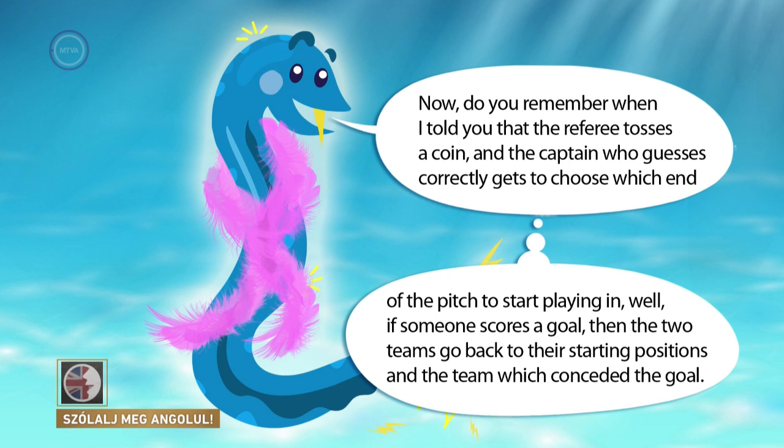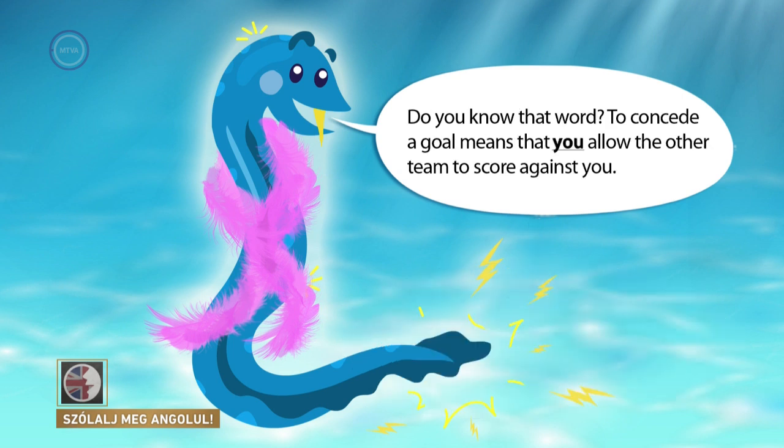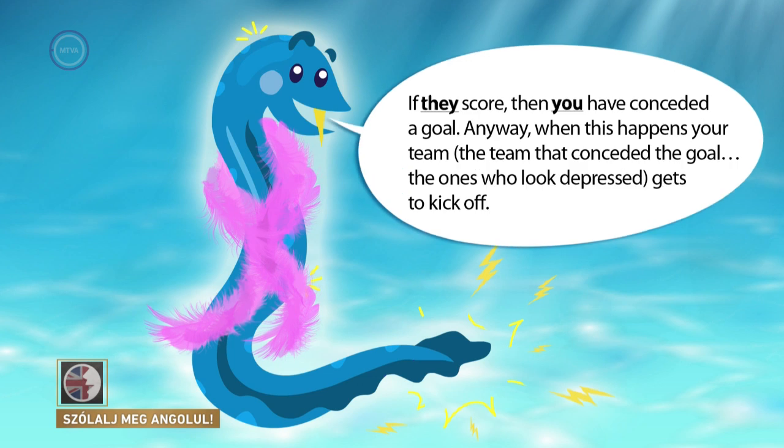Well, if someone scores a goal, then the two teams go back to their starting positions. And the team which conceded the goal, do you know that word? To concede a goal means that you allow the other team to score against you. If they score, then you have conceded a goal.